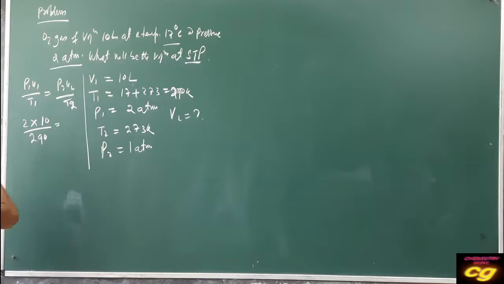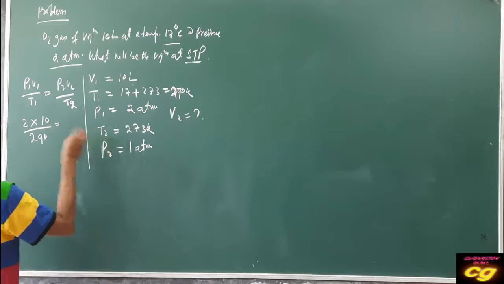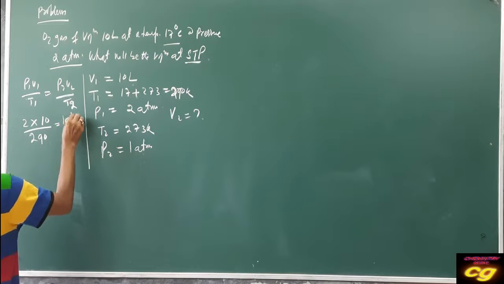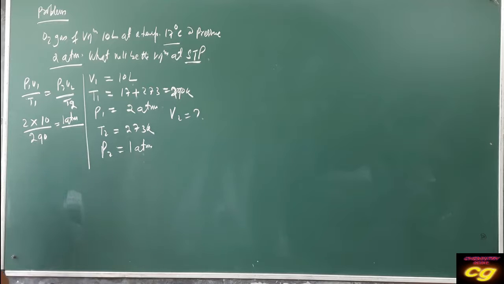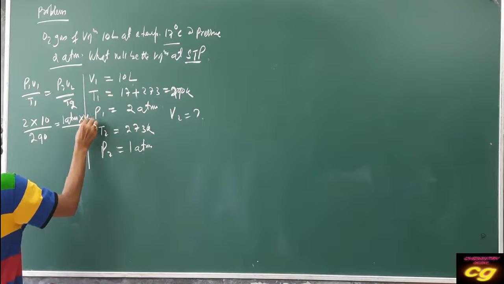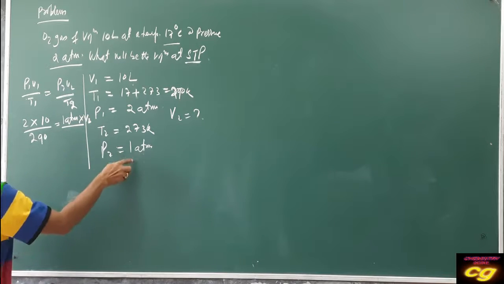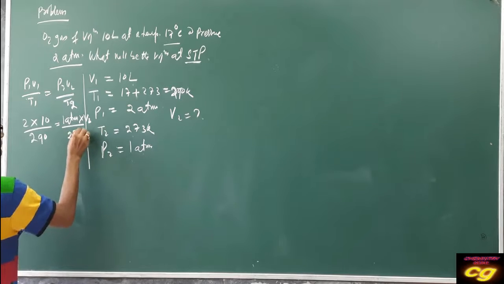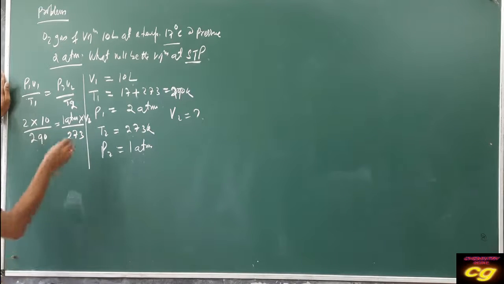And here 290, then P2 as per the code is 1 atm, STP means 1 atm, V2 is asked, and T2 is already 273. So what is the value of V2?